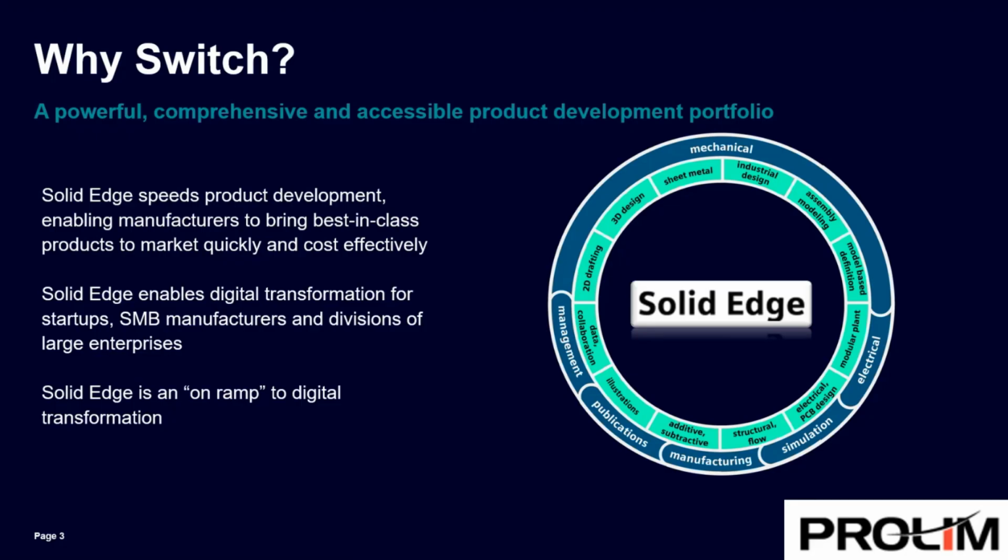It also includes solutions for data migration and data management for all the technical data that is being created and consumed when supporting the comprehensive digital twin. It facilitates collaboration both within manufacturing companies and with external resources, including suppliers, customers, and vendors. So Solid Edge is the on-ramp to that digital transformation.